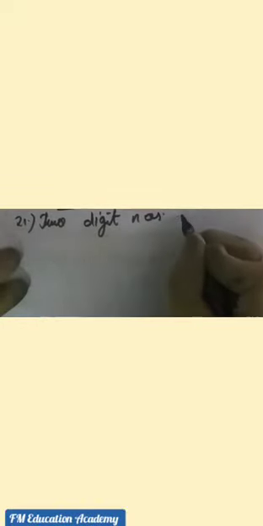What is the largest 2-digit number we have? 100. So we have to see the multiples of 7 which are less than 100, and that will be my last term. In the 21st question, we have to find the 2-digit numbers which are divisible by 7.